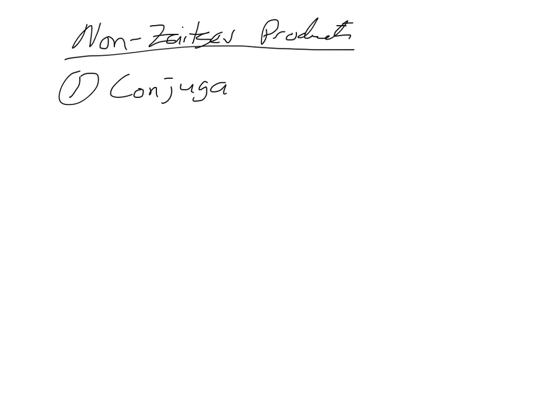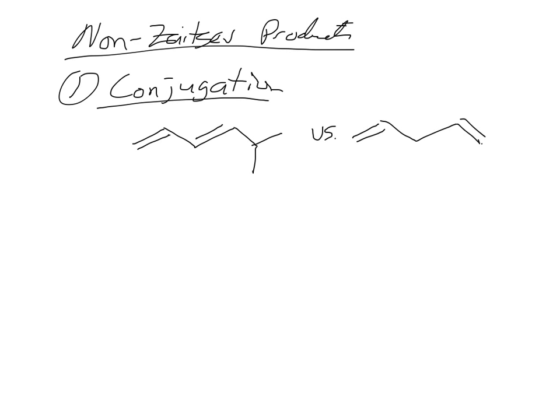If you have a choice between being conjugated or having a more substituted alkene, you'll always pick conjugation. So if I showed you 2 alkenes, which alkene do you think is more stable? A or B? A is.